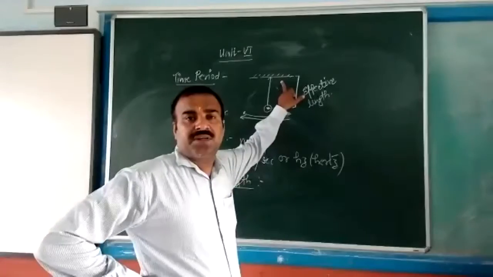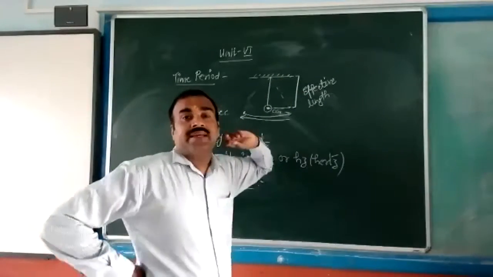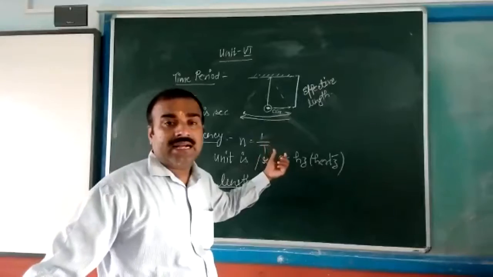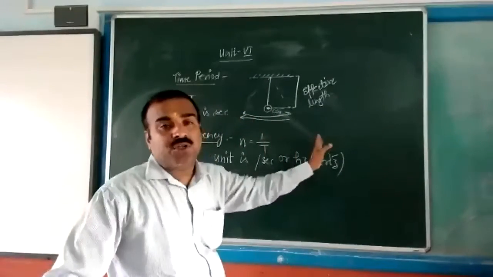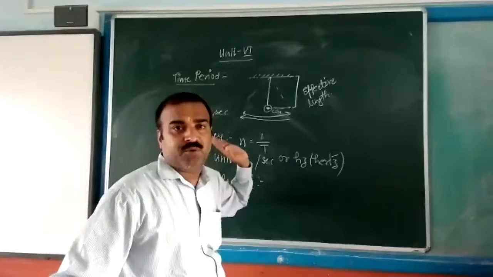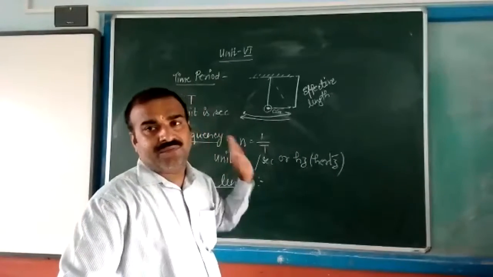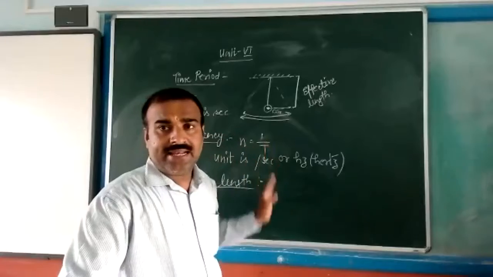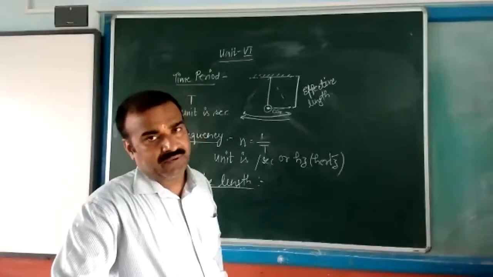So what have we defined as the simple pendulum? If any bob is attached to a weightless and inextensible thread and is capable of oscillating to and fro from its mean position, then such a device is known as a simple pendulum.